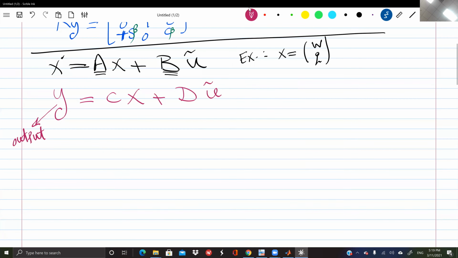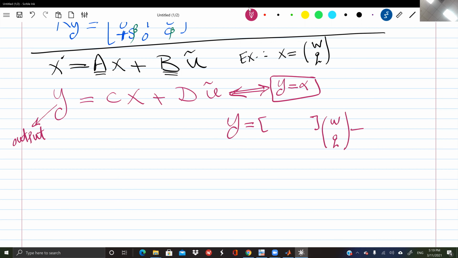And you can define your y, the output, to be the angle of attack, right? So please write this relation in this form and give me your C and D matrices. What do I mean? I mean write y as some matrix times your states plus some matrix times your input, which was delta elevator in this case.